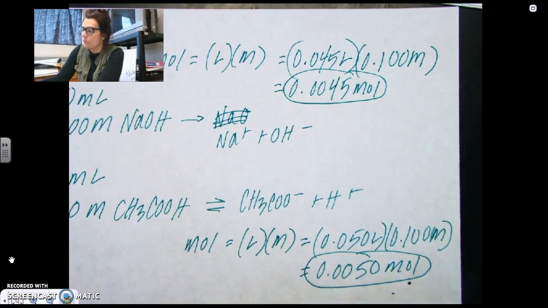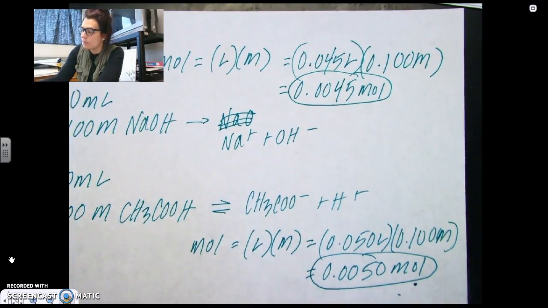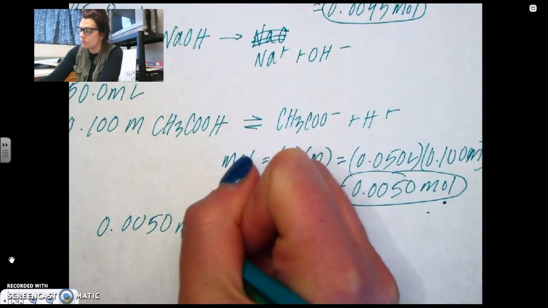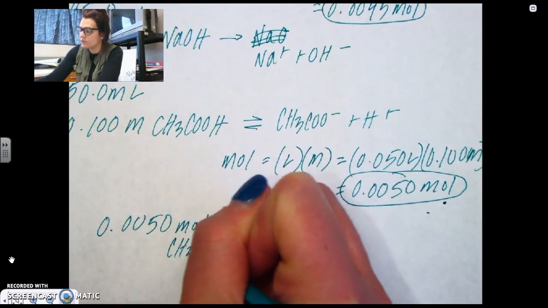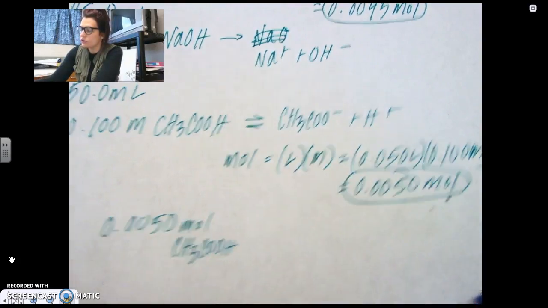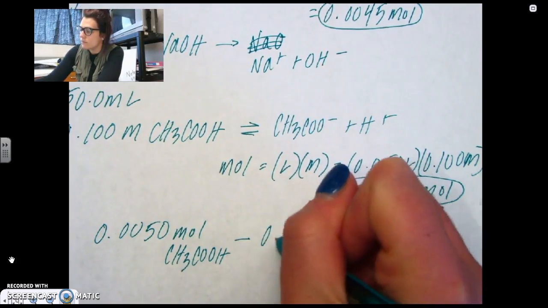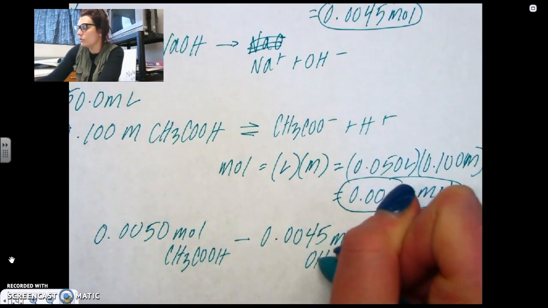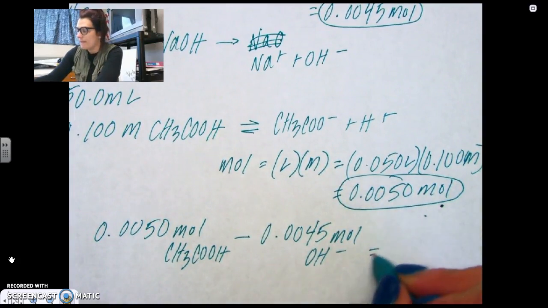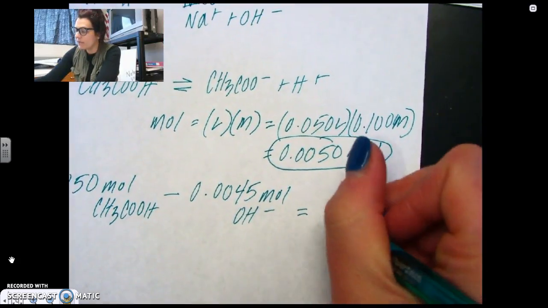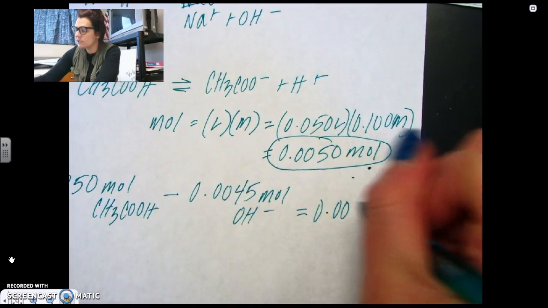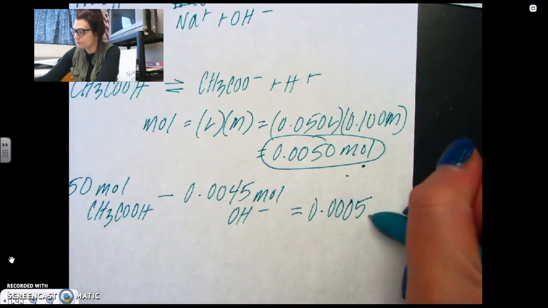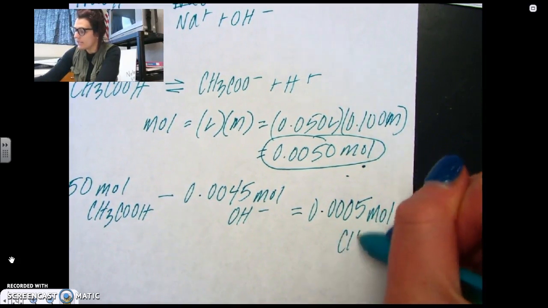So I can say 0.0050 moles of CH3COOH minus 0.0045 moles, and technically we're only talking about hydroxide. That only gives me 0.0005 moles of acetic acid left.